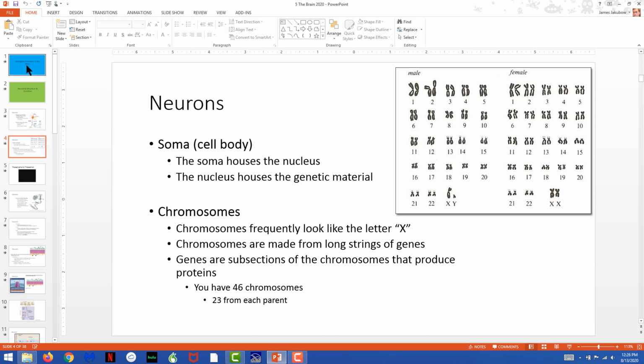And if you zoom in further, you're going to wind up seeing 23 sets of chromosomes floating around inside of that nucleus. And then the nucleus that holds the genes is going to have to get those genes operating to produce the code to generate new molecules.